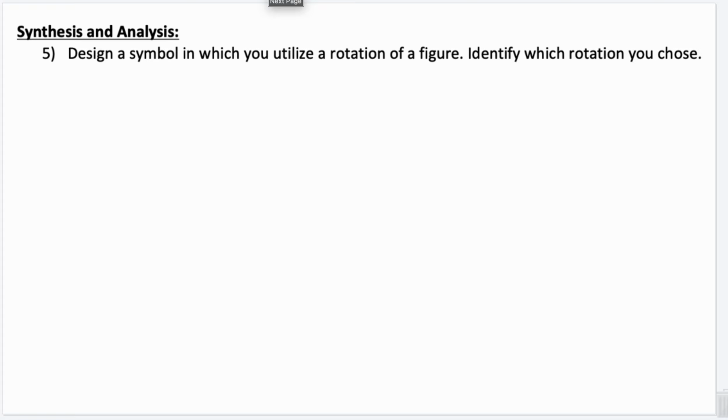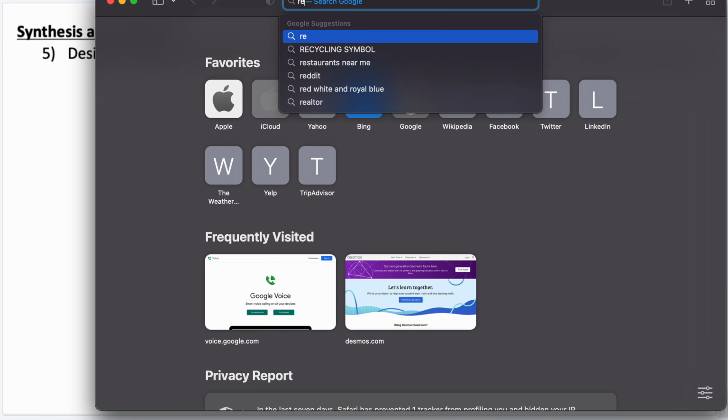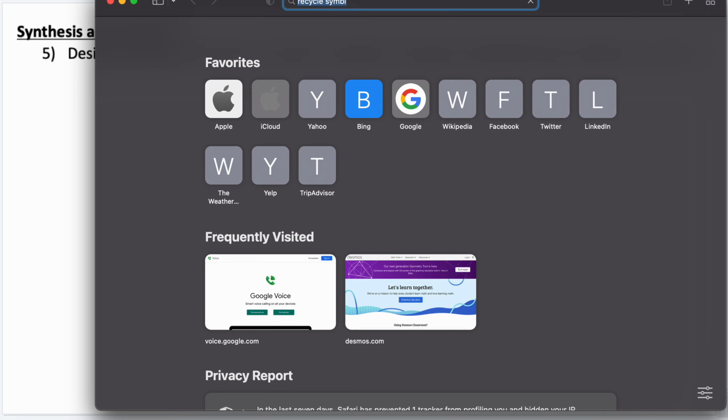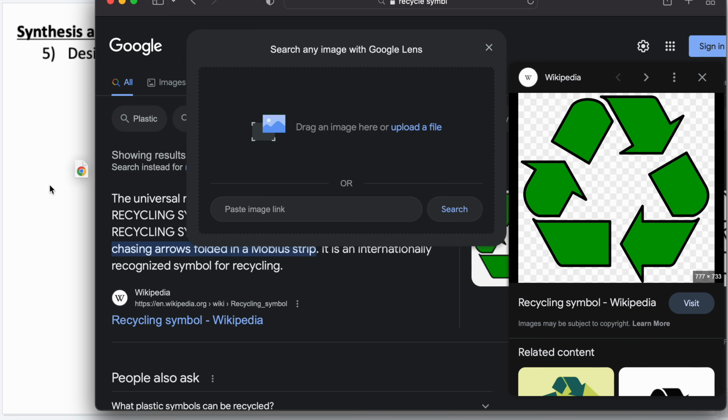And then for this last one, design a symbol in which you utilize a rotation of a figure. That is totally up to you to get totally creative. If you were looking for a real life example, I would use the recycling symbol. It's not going to let me just drag and drop.